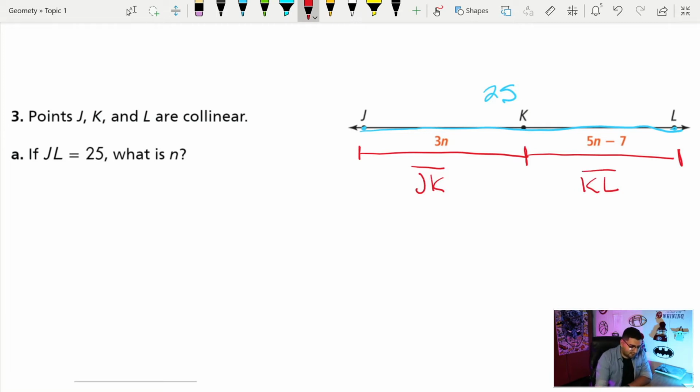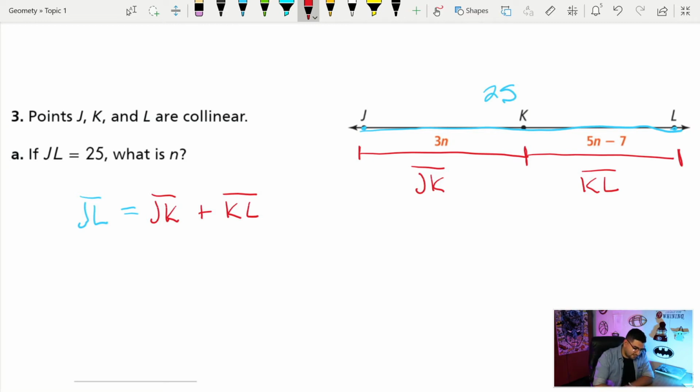If I wanted to write this as an equation, I could say that segment JL is equal to segment JK plus KL. That's how I build a formula for this equation. So the whole segment is equal to the smaller segments inside of it added together.